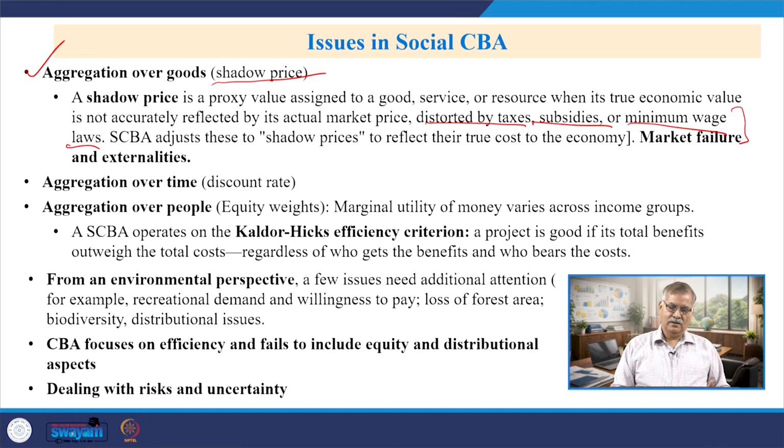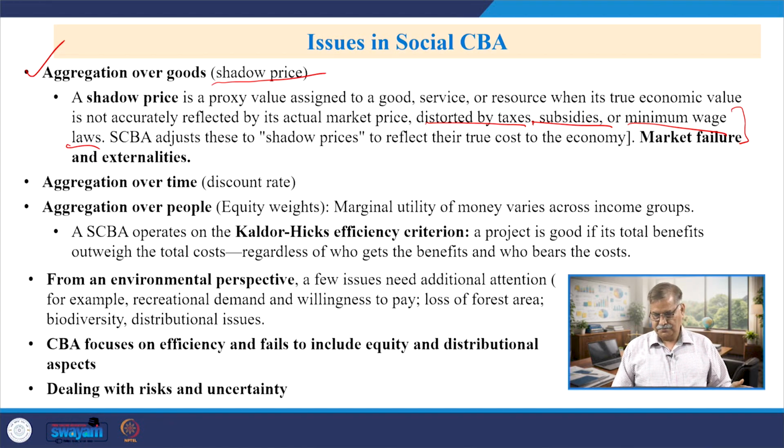For example, if you are driving a car on the road and you are enjoying the car, you have the right to drive the car on the road, but if the smoke released by your car is harming the person who is walking on the road, and his health is affected, he will go to the doctor and pay some money. So this extra money is actually the external cost imposed on that person due to your right to run a car on the road.